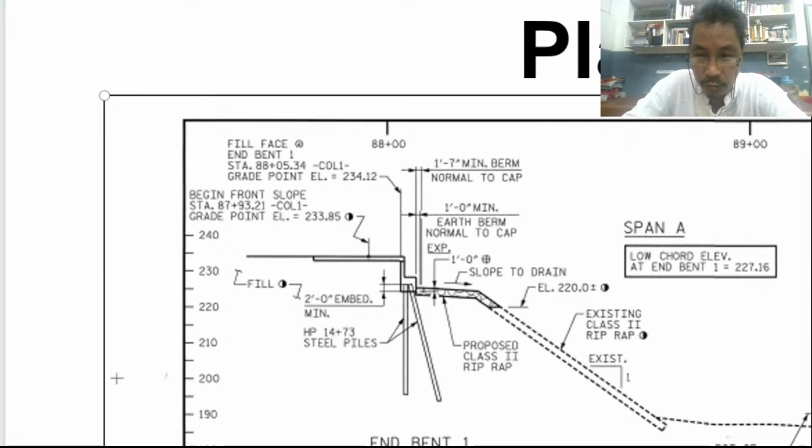Joint with the bridge itself. End bent and the bridge is joint, meaning the superstructure is connected to the end bent as a homogeneous unit.